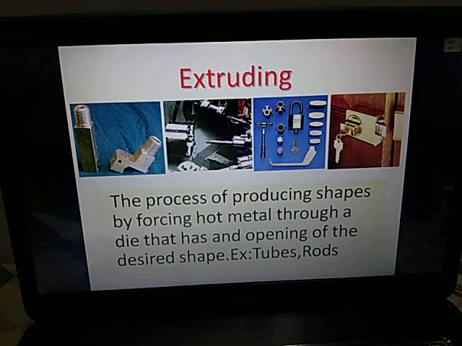What is a cross section? The wanted length, breadth and hollowness. Generally, a material will be pushed into a particular die, and the best examples for extrusion are tubes as well as rods.